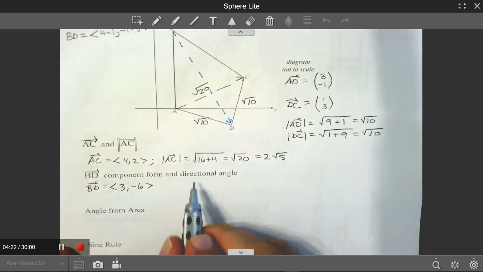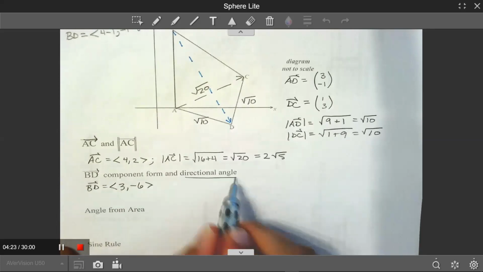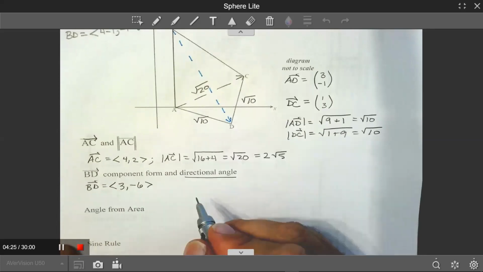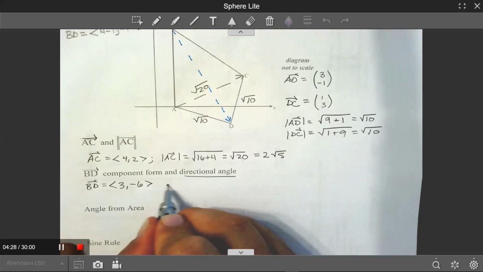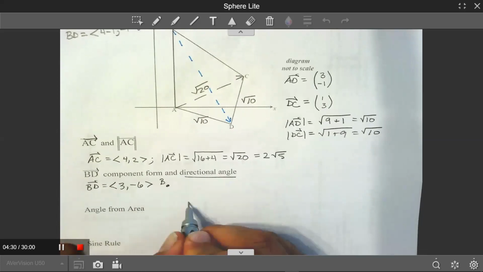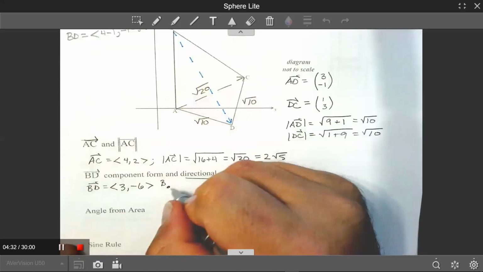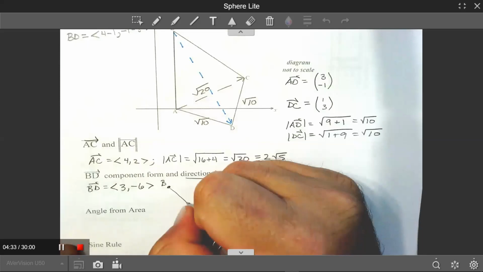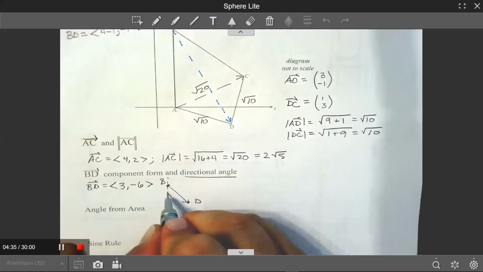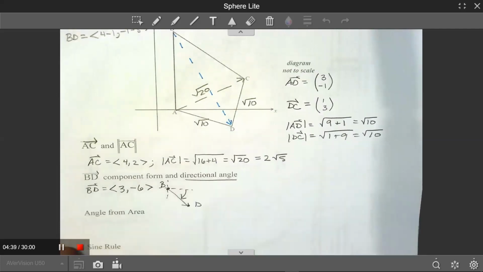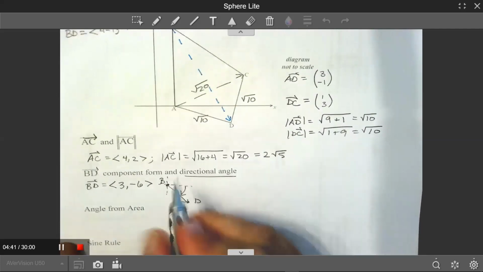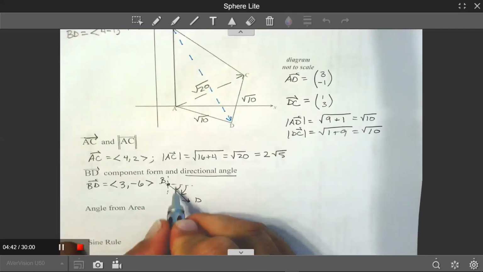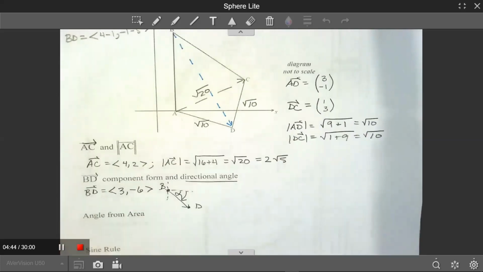If we wanted to find the directional angle from B to D, we could think of it like this: here is point B, here is point D. If I'm traveling in that direction, what's going to be the angle that I make with the horizontal for my directional angle?